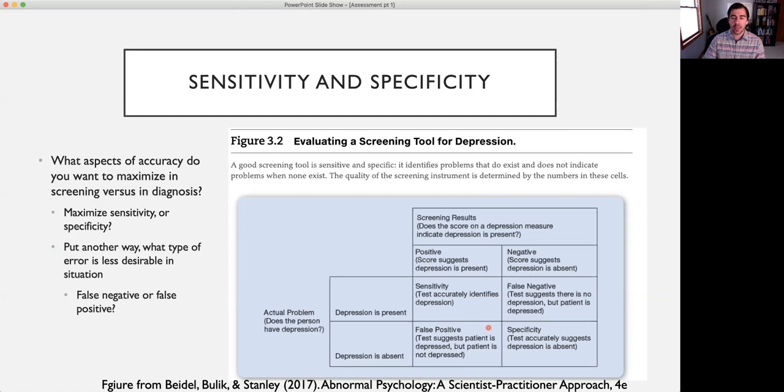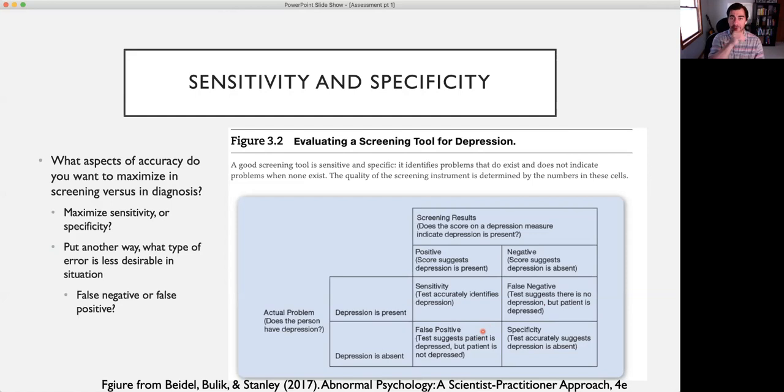So again, what I want people now to think about is the different scenarios that come up with assessment, and really think about the screening process in particular, maybe comparing it. You can take this question into the next slides with diagnosis: what aspects of accuracy do we want to maximize in screening versus in diagnosis?